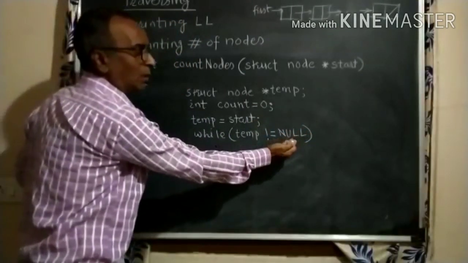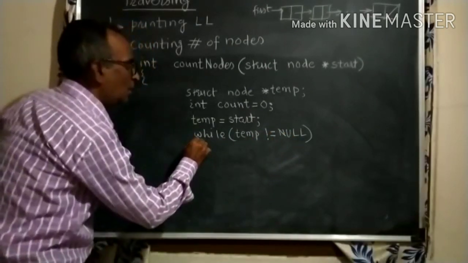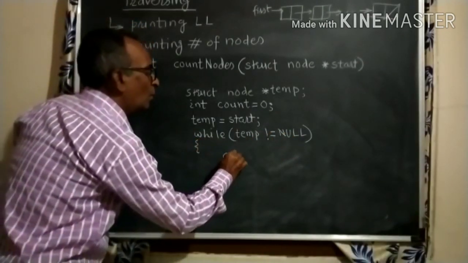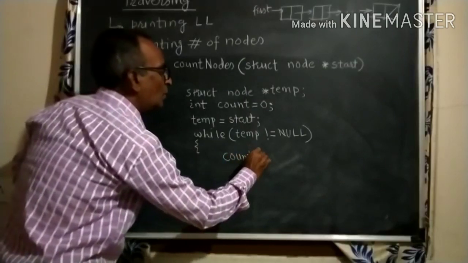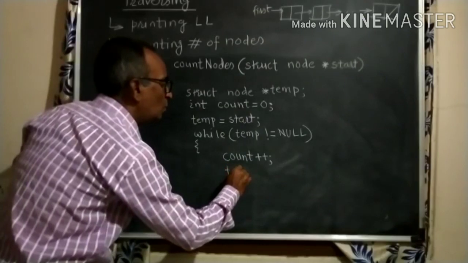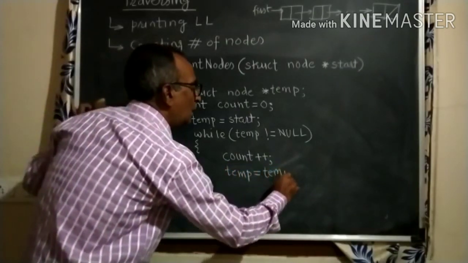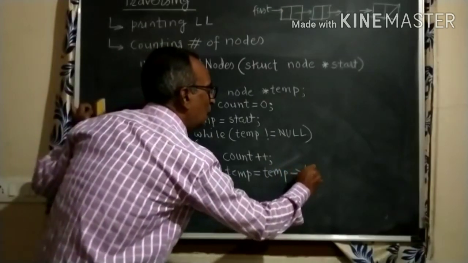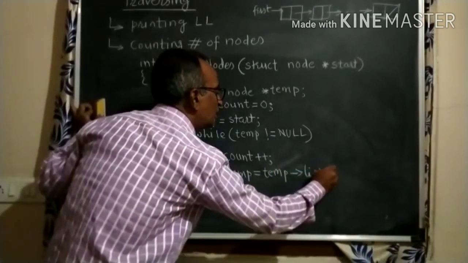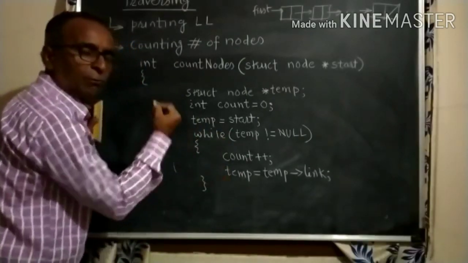Because this is a constant defined in the header file. Then we have to increment count, count plus plus, and then we have to move temp. Temp is given temp's link field.